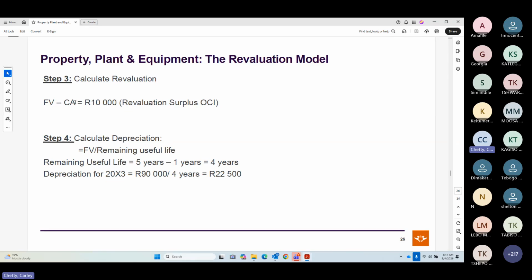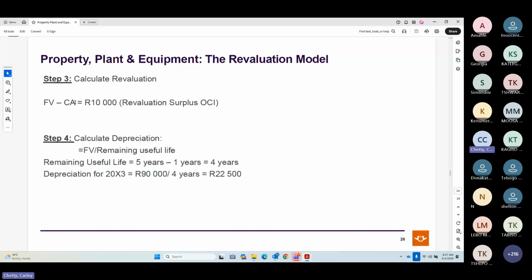The remaining useful life is the total useful life of 5 years, minus the 1 year for 20X1 which was depreciated, and that will leave us with a remaining useful life of 4 years.